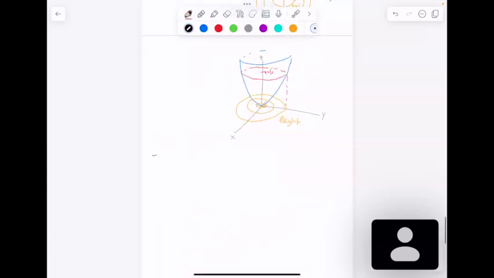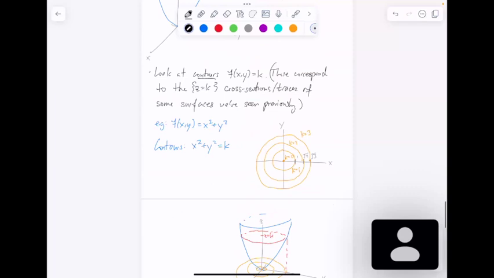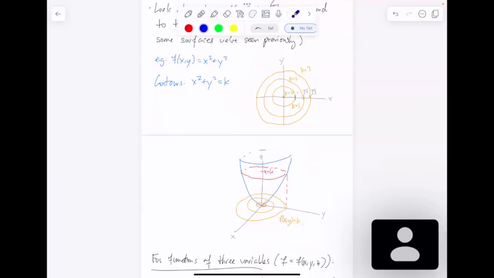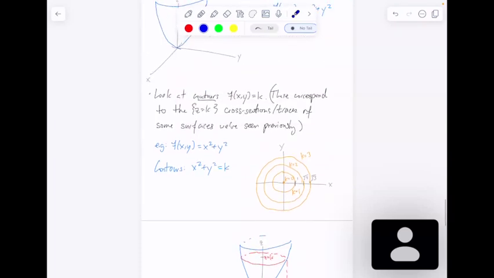All right, so for functions of 3 variables, so f is a function of x, y, and z, you cannot graph it anymore. You've run out of dimensions. So all you really have is the second way here, to look at the contours. So in your mind's eye, you have to realize that now your contours are of the form f of x, y, z is equal to k. And as k ranges, you're going to get a family of surfaces now in 3 dimensions.